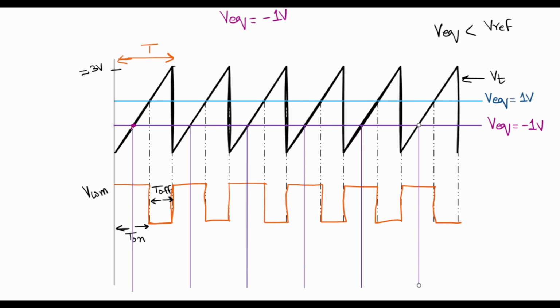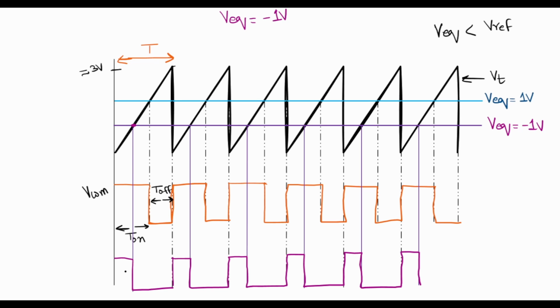Here I've plotted these lines as solid to distinguish them from these dashed lines. As long as the sawtooth voltage is less than the error voltage, I get a positive output pulse. And wherever it exceeds the error voltage, I get a zero output pulse. So I can plot my output pulse like this.